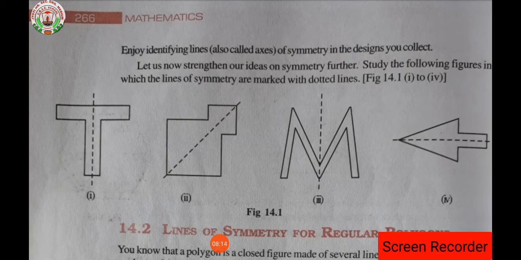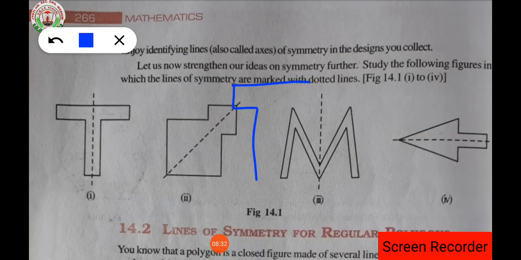Before studying the types, let's see some more examples of symmetry. Here we have the alphabet T. When we divide the alphabet T by a line of symmetry, a straight line, can the T be divided into two identical parts?